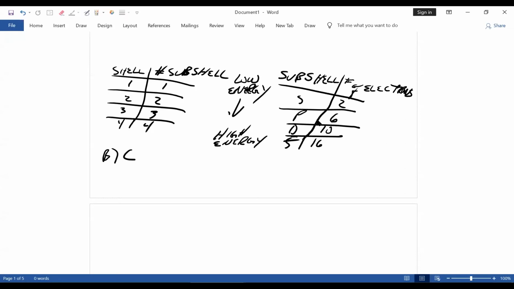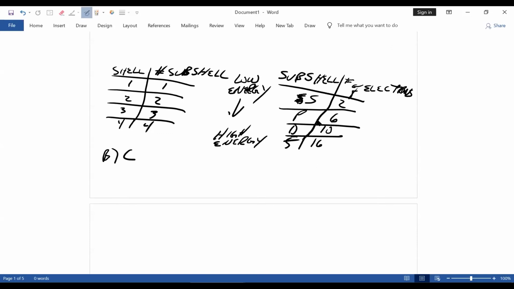How many subshells does each one have? Shell 1 has one subshell, shell 2 has 2, shell 3 has 3, shell 4 has 4. Now, the subshells are S, P, D, and F. S, and you'll be given this on test 2, has 2 electrons. You can put in max P6, D10, F14.